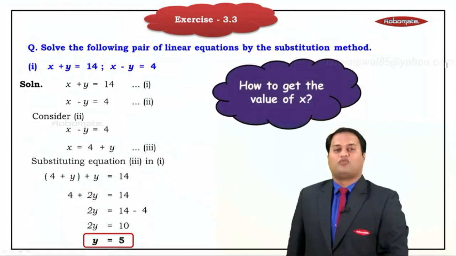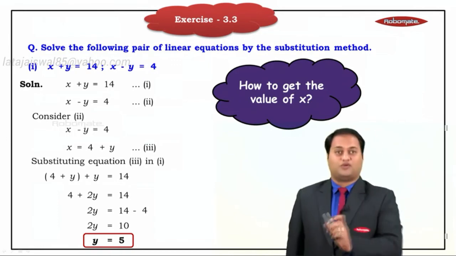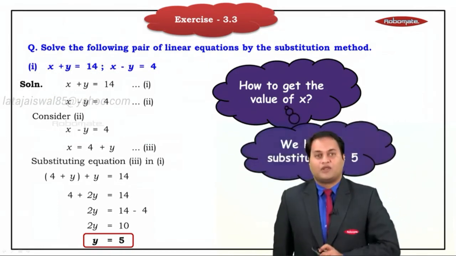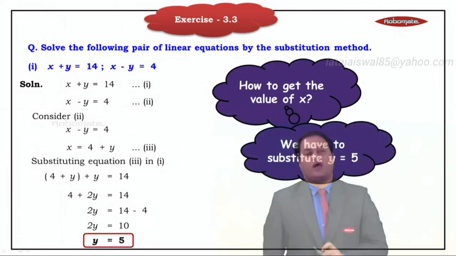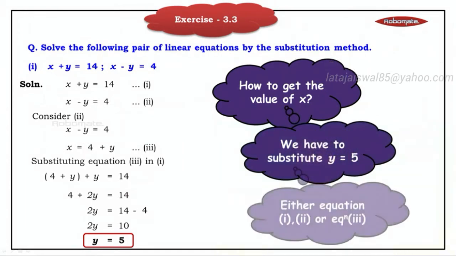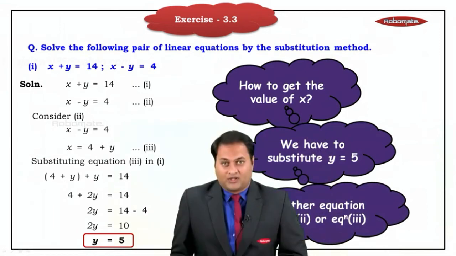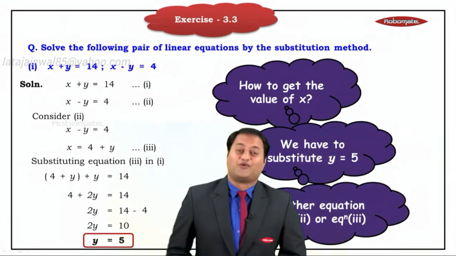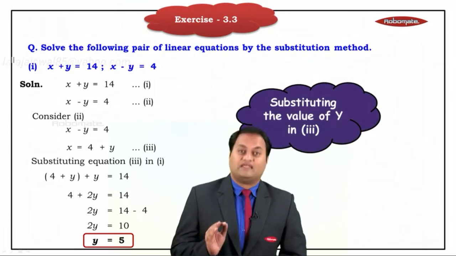Once you get the value of y, now the question is how to get the value of x. Y is found. Now how to find x? To find x, we have to substitute y is equal to 5 either in equation 1 or equation 2 or equation 3. Again, the choice is yours. But in this method, it is always better to substitute it in equation number 3.